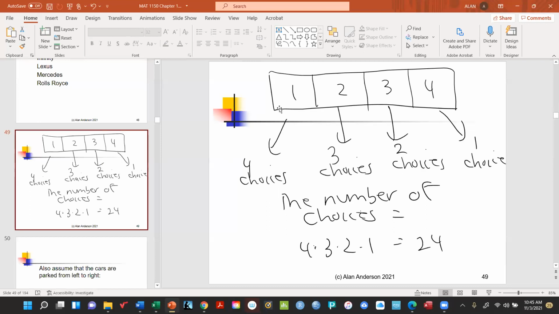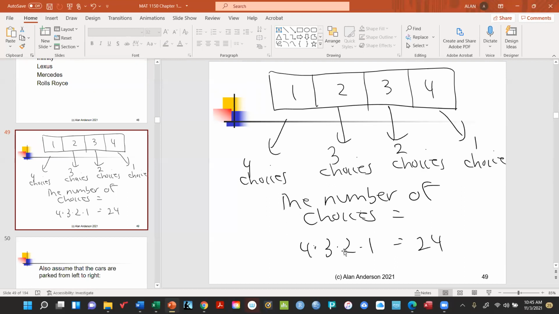And again, there's 4 ways of parking the first car, 3 ways of parking the second car, 2 ways of parking the third car, and 1 way of parking the fourth car. So all of a sudden, the number of choices goes up quite a bit. 4 times 3 times 2 times 1 is 24.